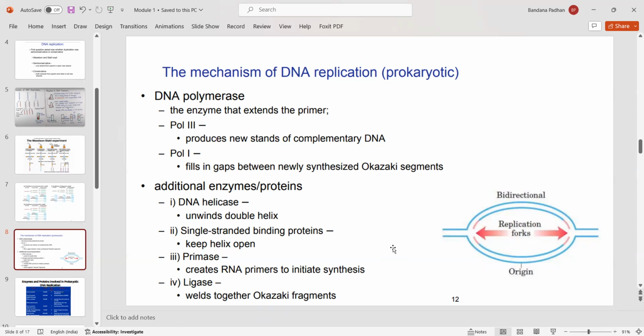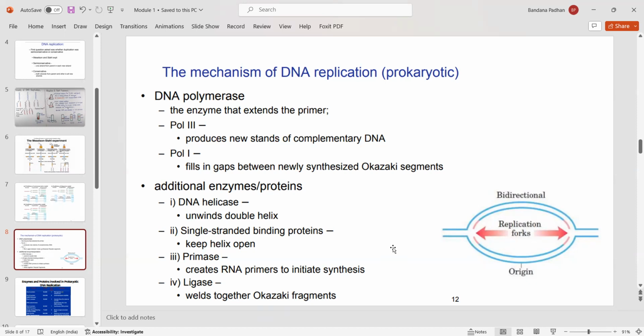Additional enzymes like DNA helicase usually unwind the DNA, that means help in melting the double stranded DNA and forming the replication bubble or replication fork. Another protein, single stranded DNA binding protein, is required for preventing the rewinding of the double stranded DNA.